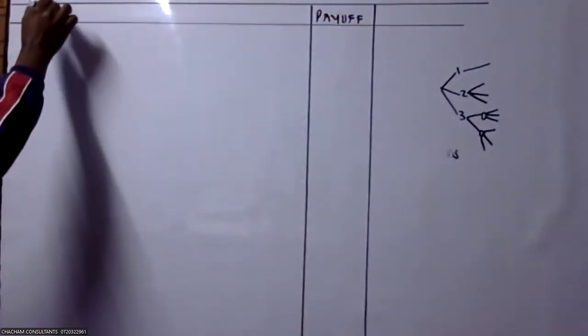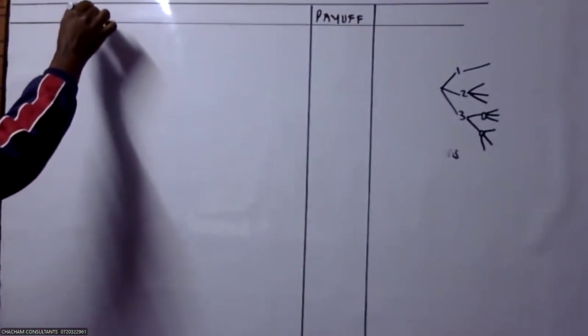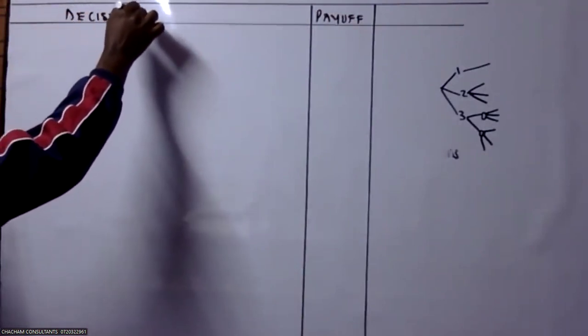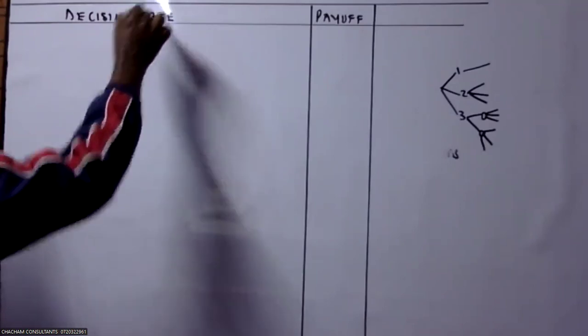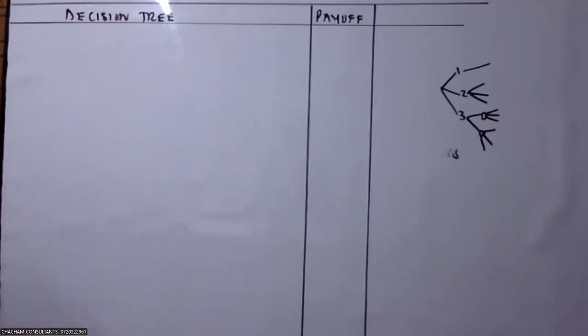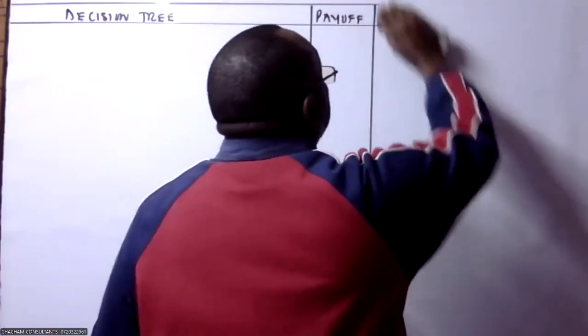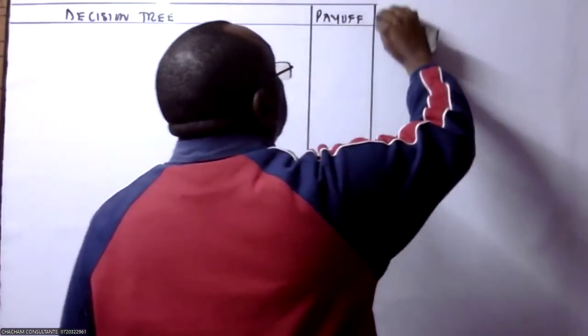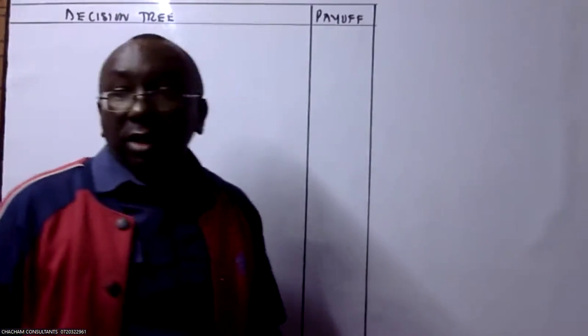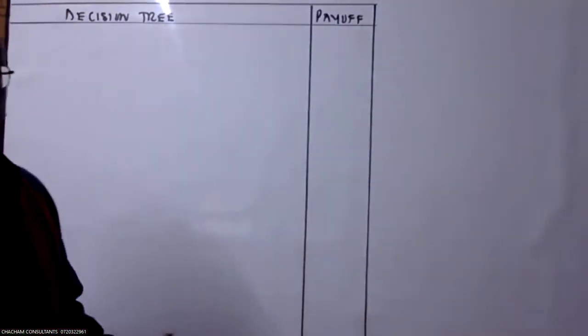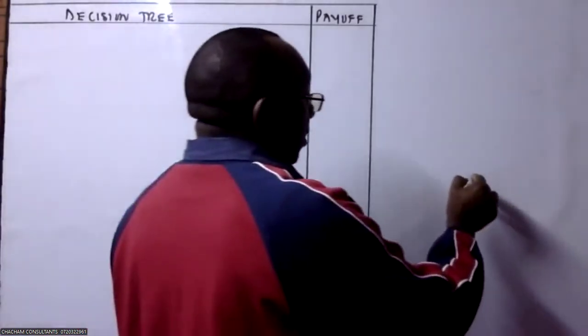Then hapa nitakuwa na decision tree. Oh, nishatoa yenye nilikuwa nimechora. Ilikuwa namna hii.